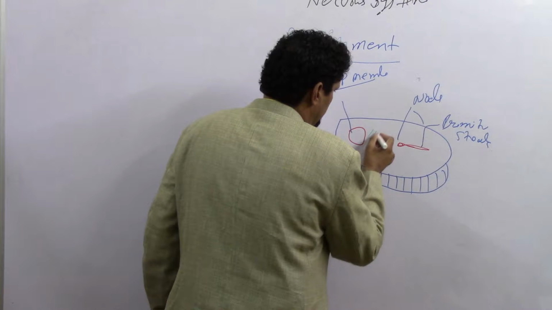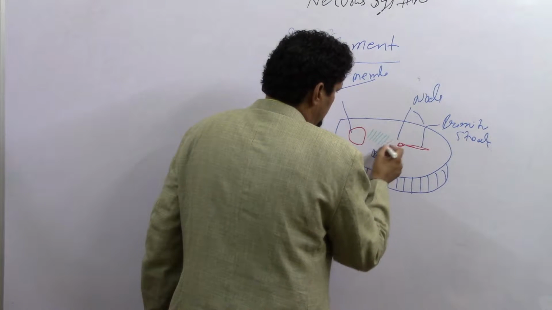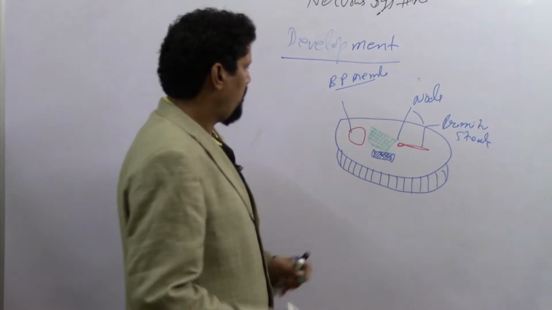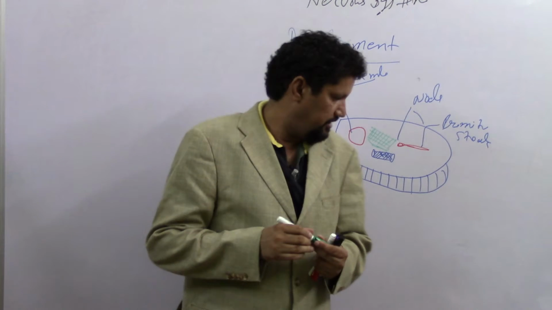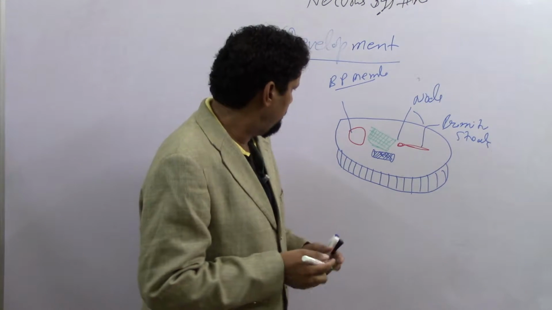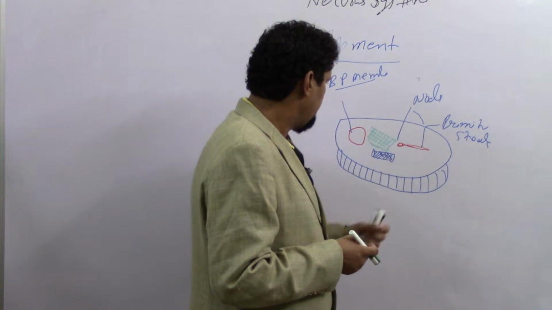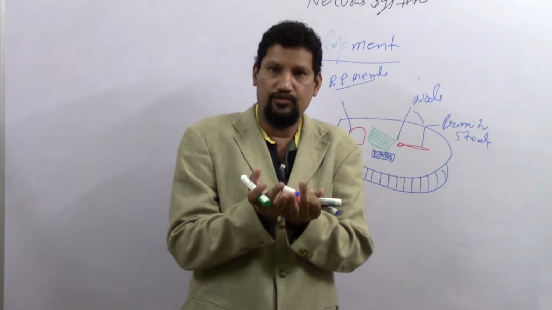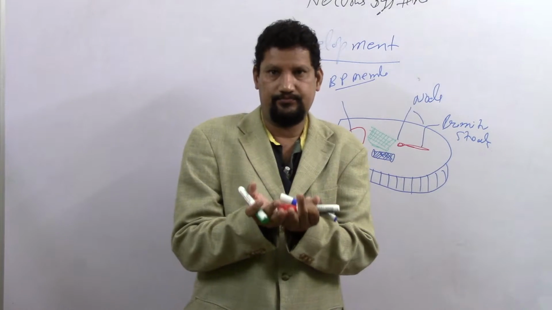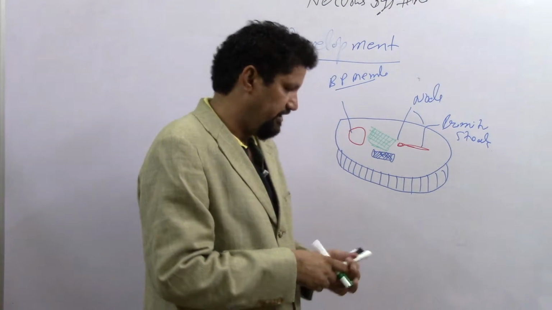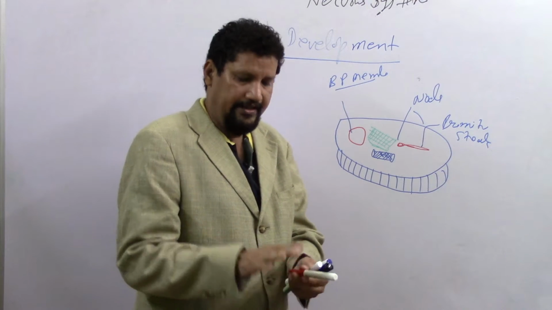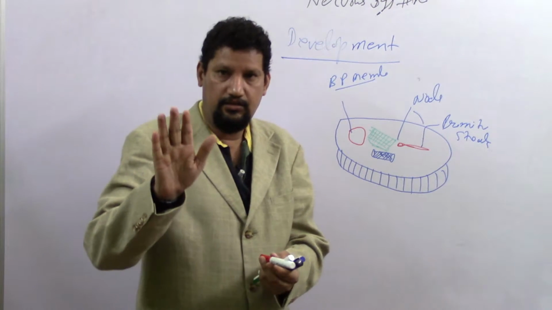So here is neuroectoderm above the notochord. This neuroectoderm will form a plate-like structure like this, and this plate is known as neural plate. So above the notochord, here is notochord, and here is the developing neuroectoderm.